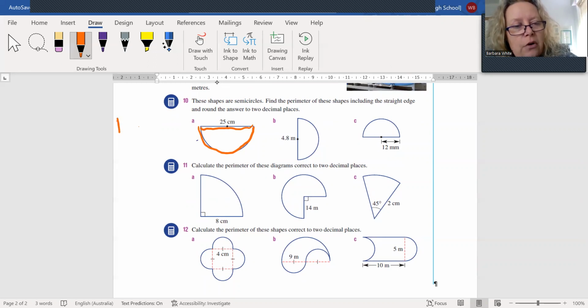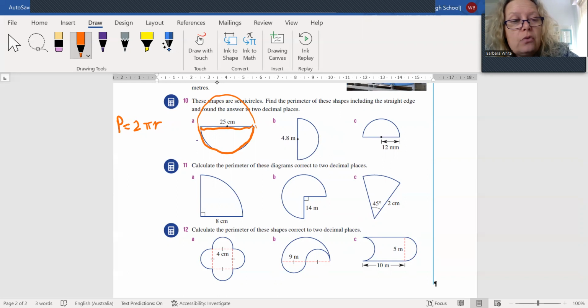So the perimeter is going to be equal to 2 times pi times the radius, but it's only half the circle, right? 2 pi radius is going to get us a whole circle. This is only half a circle, so we're going to times it by half or divide it by 2.